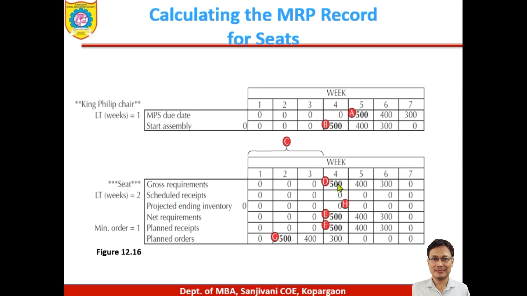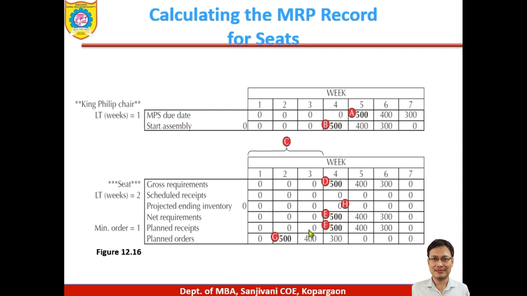So the order has to be planned on week number 2. But should we plan all 500 quantities to be ordered on week number 2?